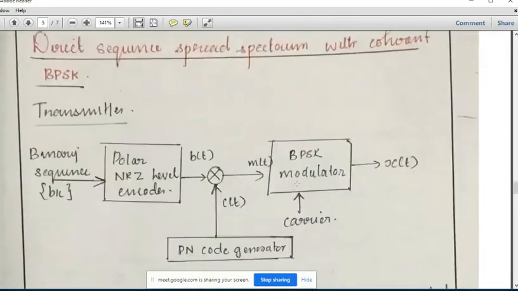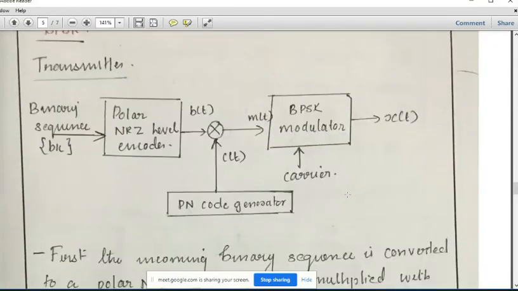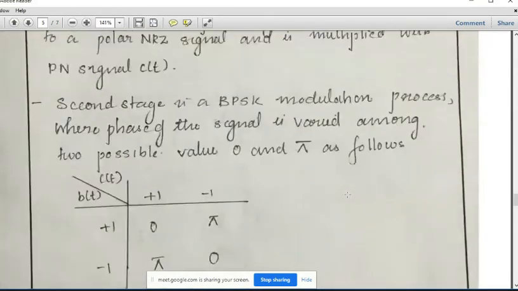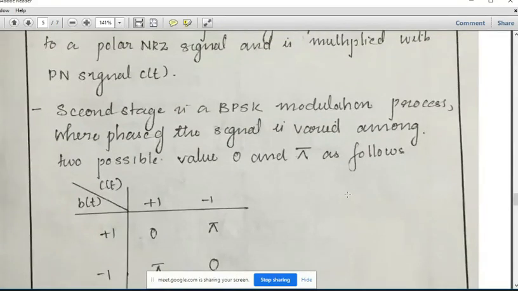This m(t) is given to a BPSK modulator which is supplied by a carrier, and the phase of the signal is varied among two possible values, that is 0 and pi, as follows.